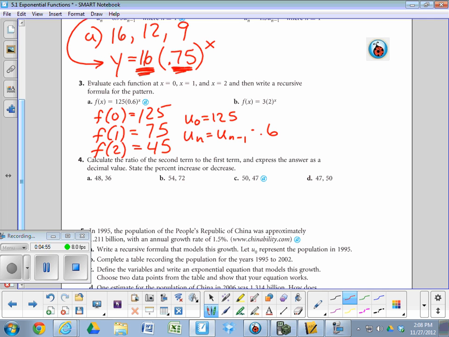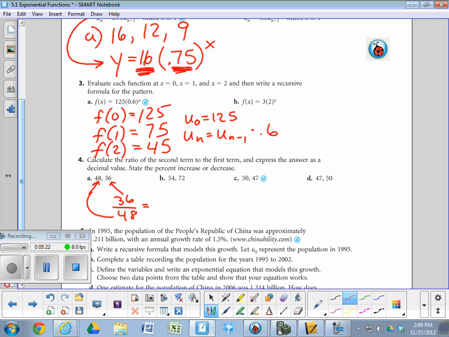Now, we have to get to part 4. Sometimes they're just going to tell you, you went from 48 to 36. What's the ratio? Take the second term divided by the first term. That's your common ratio. What do you get when you take 36 divided by 48?